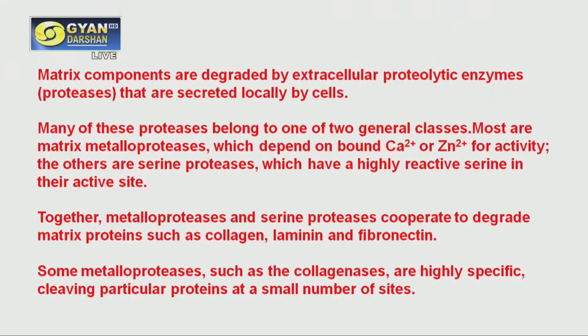And why does this degradation occur? It may occur sometimes due to the release of certain enzymes called matrix metalloproteases, MMPs. So what do these enzymes do? They degrade the extracellular matrix proteins like collagen, so the stability is lost and the extracellular matrix gets degraded.